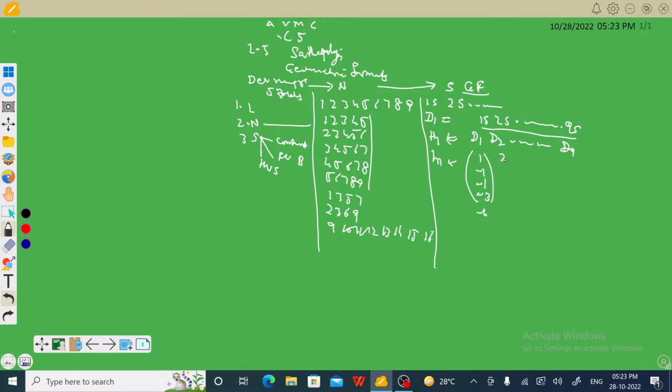Step ahead, it will be 2, 0, 0, and minus 2. The summation value is going to be 0.